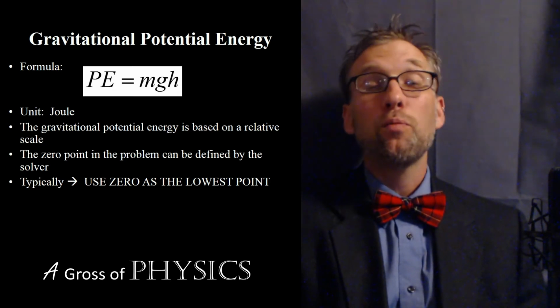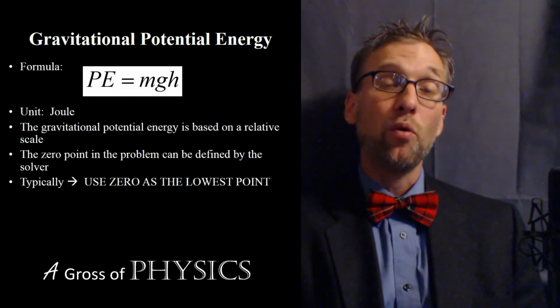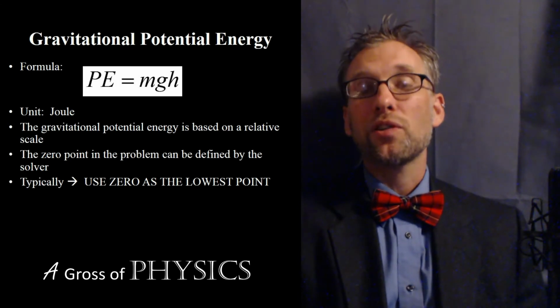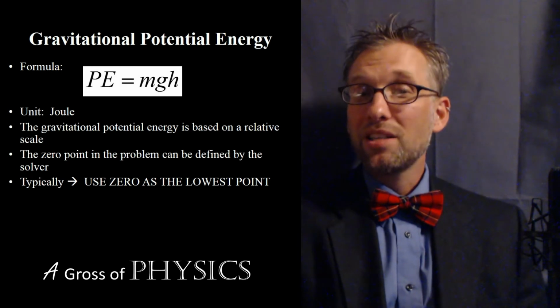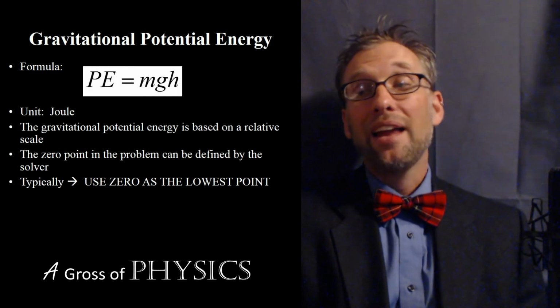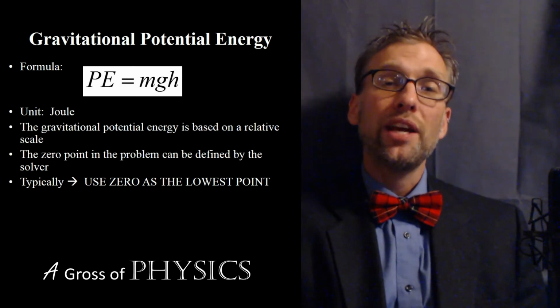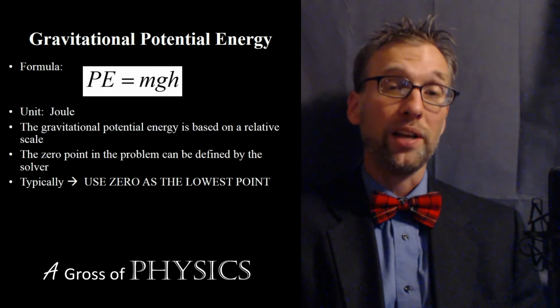You can even have the 0 point in the midpoint of a problem, and then the potential energy below that midpoint would actually be a negative value. I think it's usually easier to stick to 0 as the bottom so that all your numbers are positive, because it's easy to mistake a negative and throw off the answer to the problem. So when we're talking about potential energy, we're really talking about the change in potential energy from a specific point.